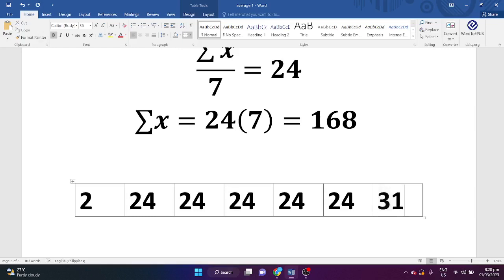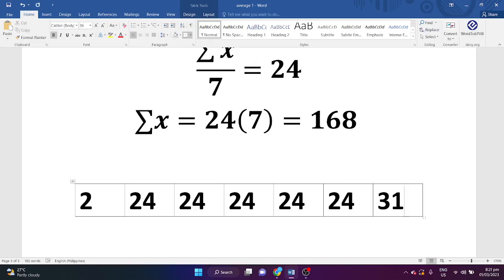Now I prefer to have the largest at the end and the smallest at the first unit of this model. So now we have 2, and at the middle we have 5 units with 24 as the value, and yung dulo ay, or the last unit is 31.